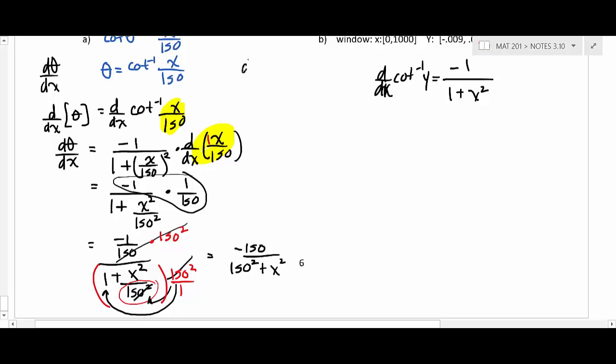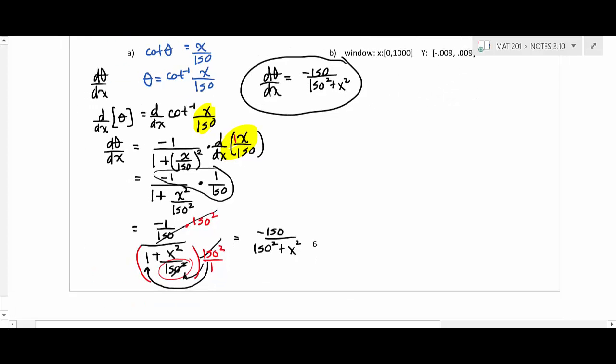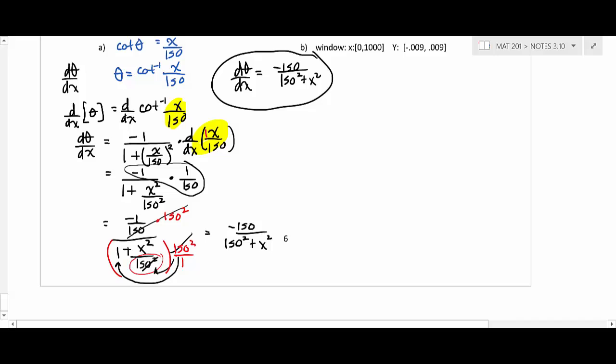So what our conclusion is, d theta over dx, that's the rate of change of that angle as x is moving, is represented by negative 150 over 150 squared plus x squared. And then I want to look at this graphically to kind of try to make sense of this. You guys follow the algebra and calculus I did on that, okay?